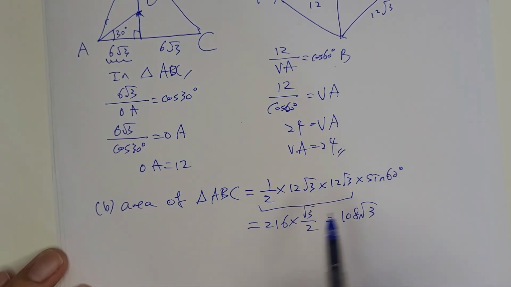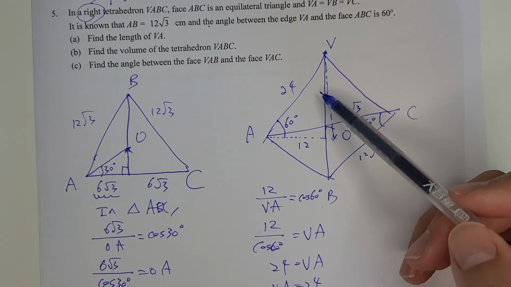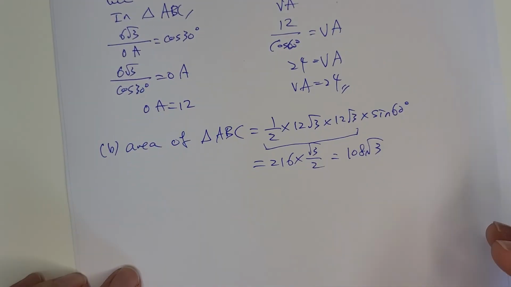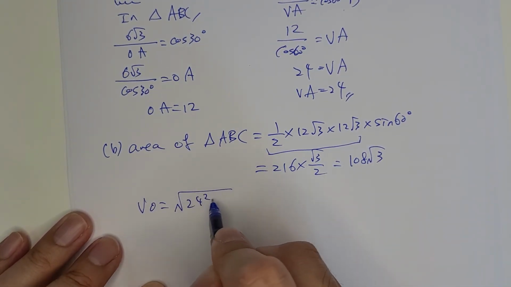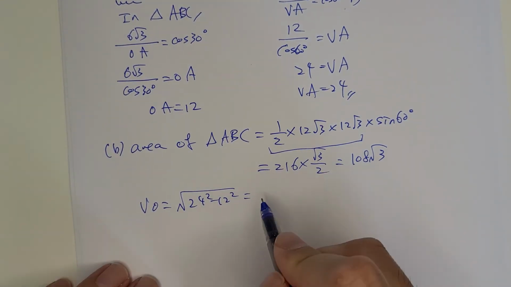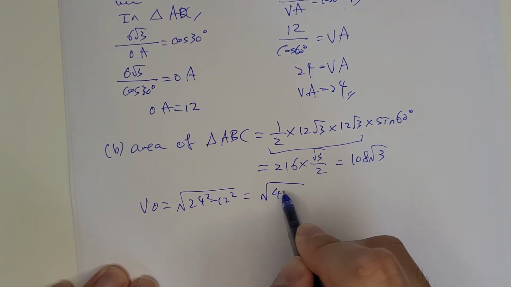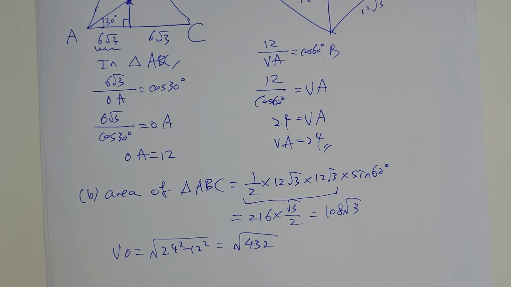And next, the length of VO, you can use Pythagoras theorem to tackle this. VO, that is square root of 24 squared minus 12 squared. Use the calculator to plug in. That is square root 432. And of course, you can simplify it.